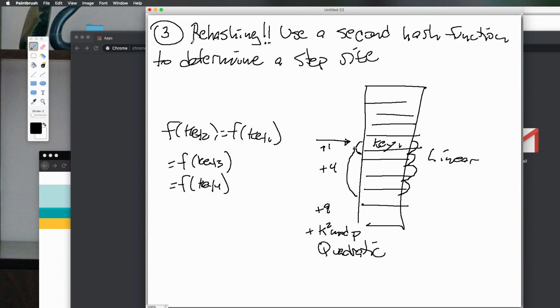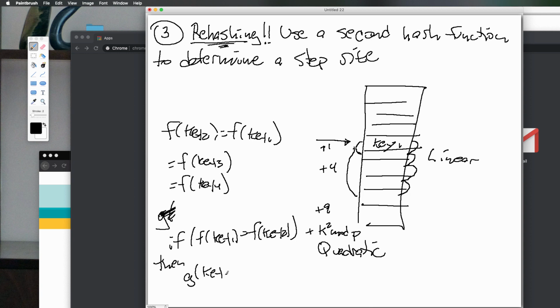So the idea here of rehashing is to have a second hash function, and we'll call it g. Basically you want to pick g in such a way that if f of key 1 is equal to f of key 2, what you would like is that g of key 1 doesn't equal g of key 2.